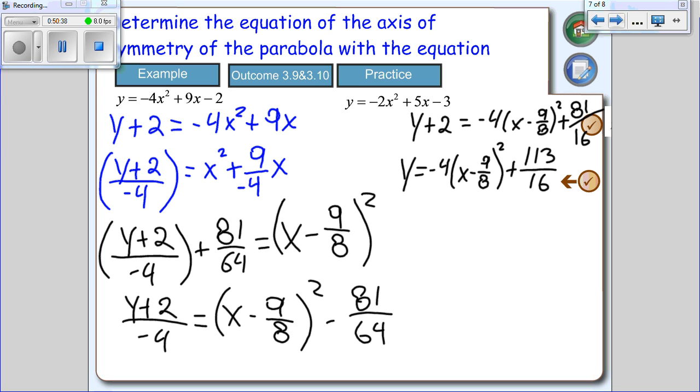How much is this graph translated to the left or right? 9 over 8, which direction? Right. How much has it transformed up or down? 113 over 16, up. Is this graph facing upwards or downwards? Downwards, because of the negative 4 in front. Maximum or minimum point? Maximum point. Okay, move your desk back.